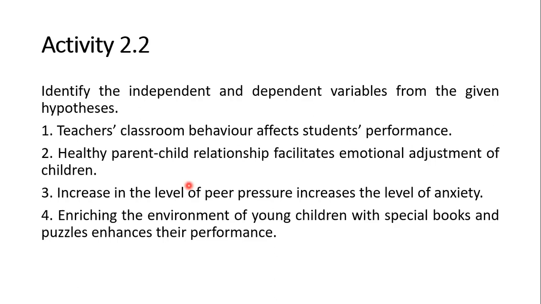Healthy parent-children relationship facilitates emotional adjustment. What is the independent variable and dependent variable? There can be 2 independent variables or 2 dependent variables, and there can be extraneous variables and environmental variables, which we have discussed. Just practice them.